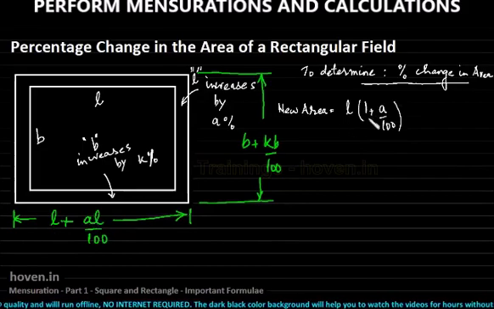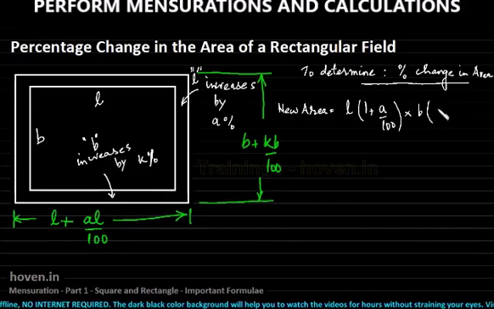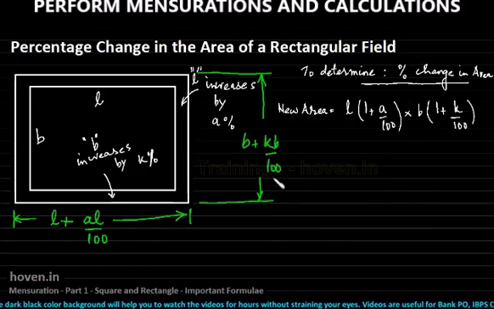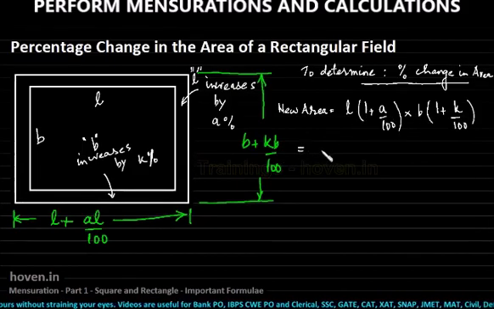I have taken L common, and this will be multiplied by B into 1 plus K by 100. Here also I have taken B common, so it becomes B into 1 plus K by 100. I can now open it out. It becomes LB.